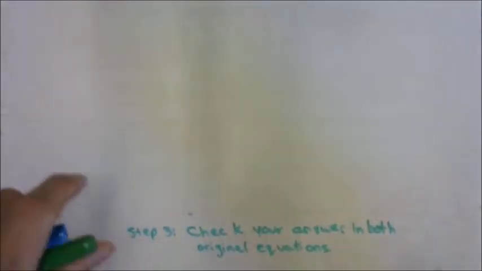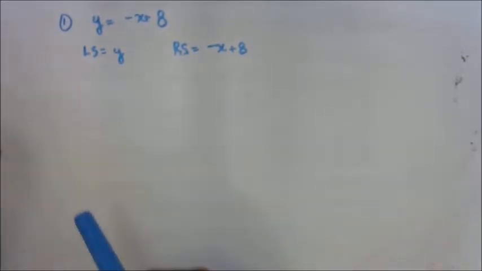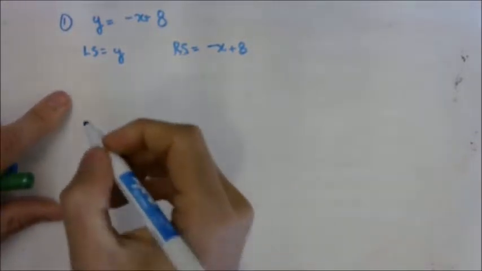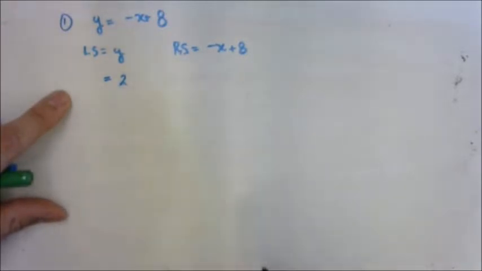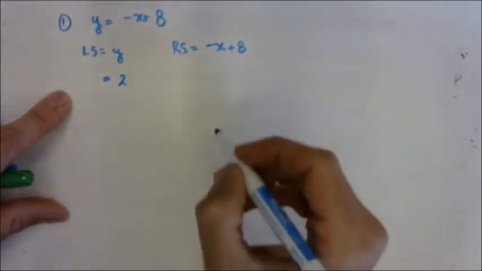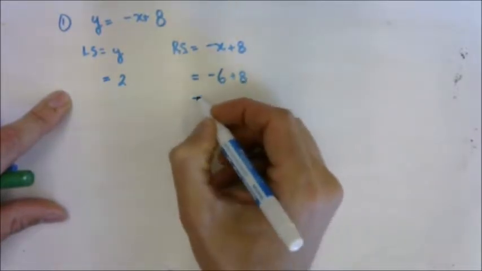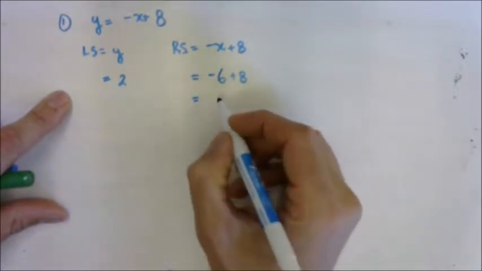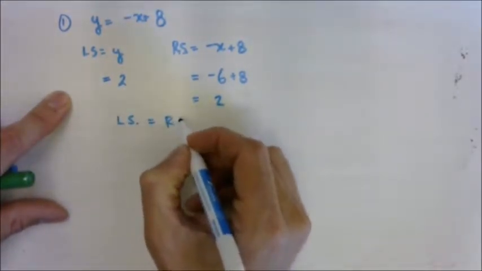If the point 6, 2 satisfies the equation, left side should equal right side once we're done here. Well, in the coordinates 6, 2, y is equal to 2, so our whole left side just reduces to 2. And our right side, we sub in 6 for x, we have -6 plus 8, and that's 2. So we can say our conclusion: left side equals right side.